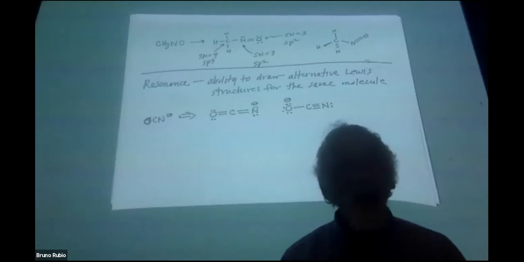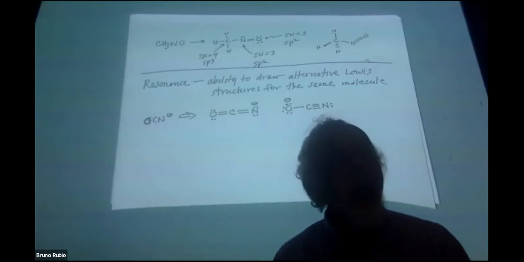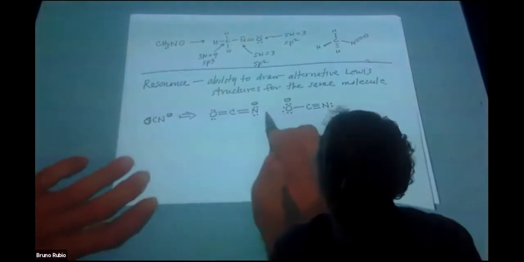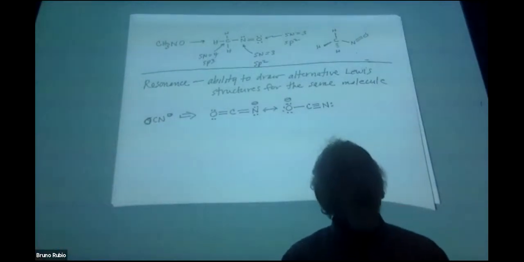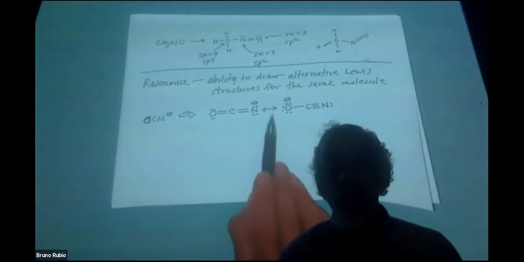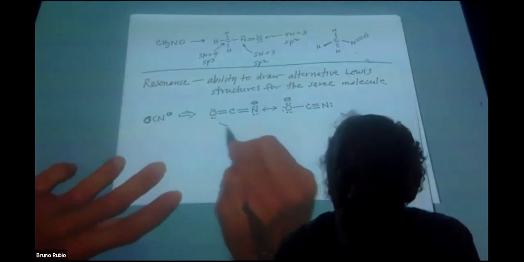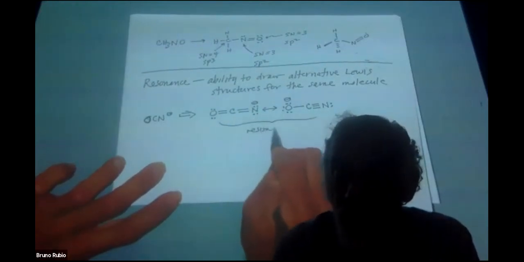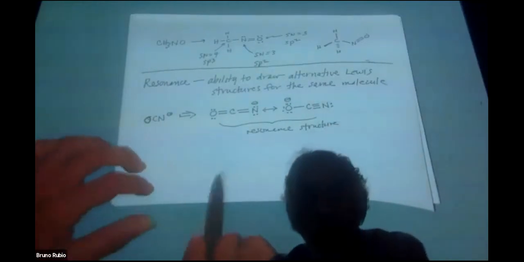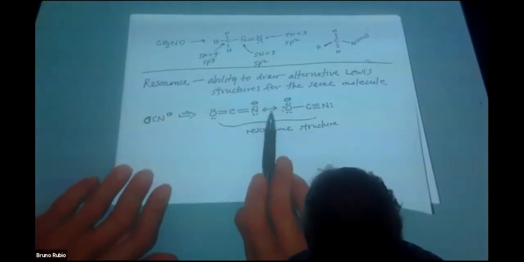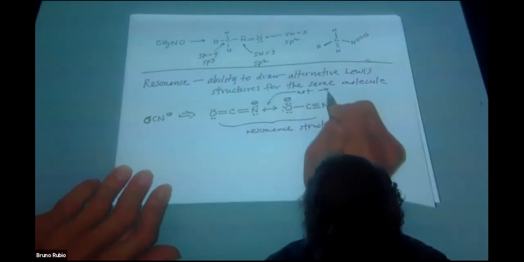Well, there's another perfectly okay Lewis structure of OCN minus. Okay, these 2 guys are resonance structures, and their relationship to each other is indicated by this double-headed arrow, right? And let's remember that their relationship is indicated by this double-headed arrow, not an equilibrium arrow.